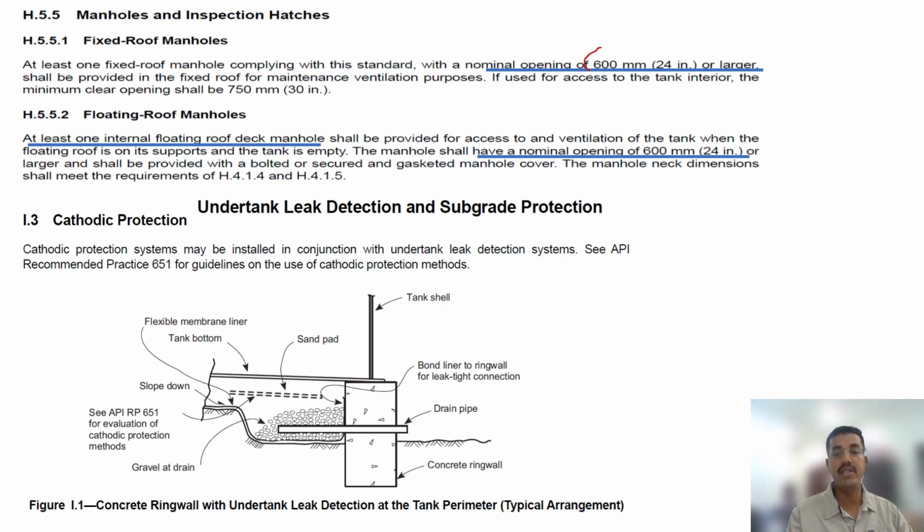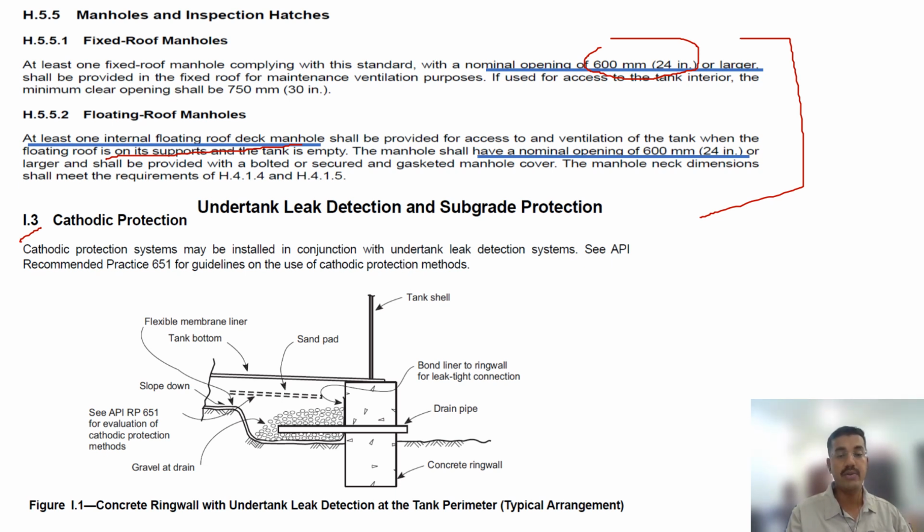Some of the dimensions are given here: 600 mm or larger. For a floating roof, at least one internal floating roof deck manhole shall be provided for access to and ventilation of the tank. How many manholes is not so important. Cathodic protection we'll read when we go for 651, 652, along with lining.